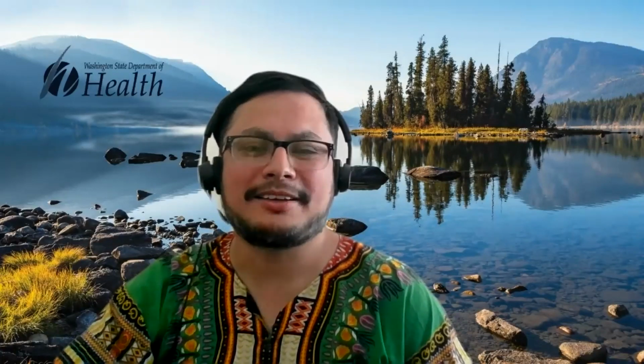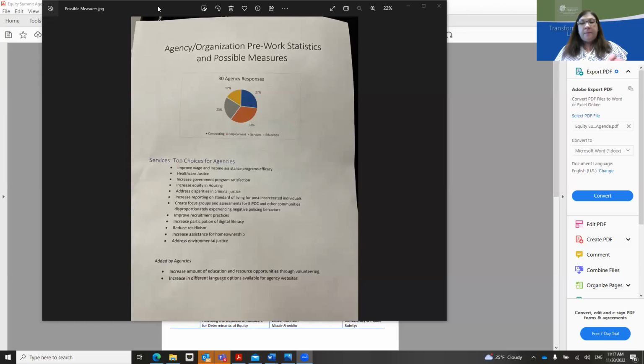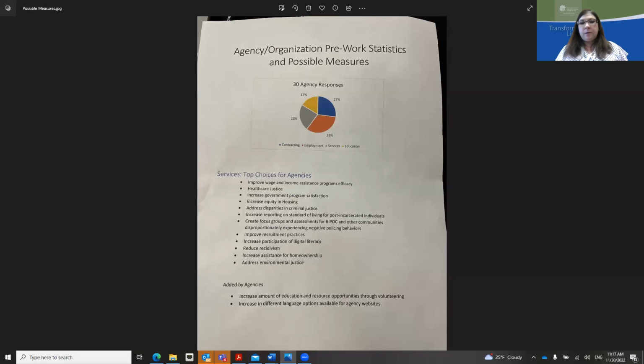I can share my screen. I don't know if that would help, but that way folks can see it. While you're doing that, I posted the worksheet. And then let me post the example, because as facilitators we were not sure what this would look like, so they gave us an example that we could share. I just posted that.